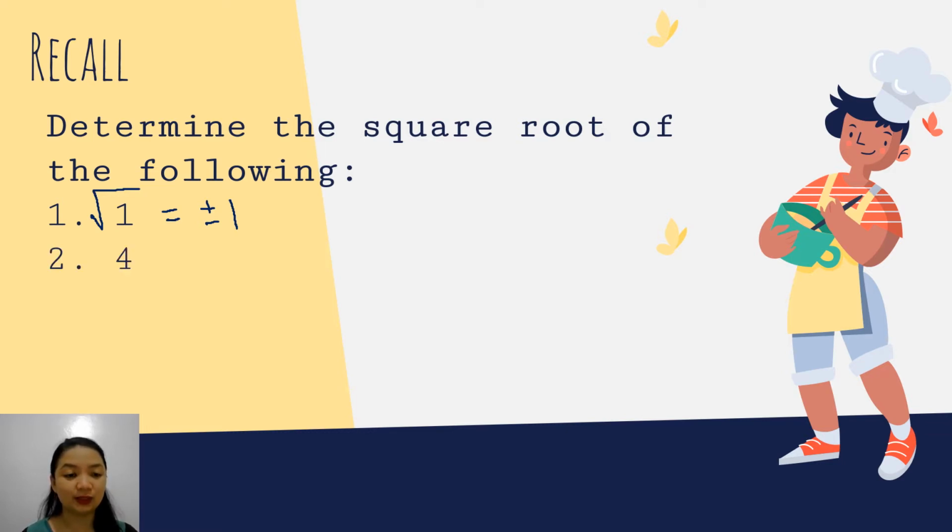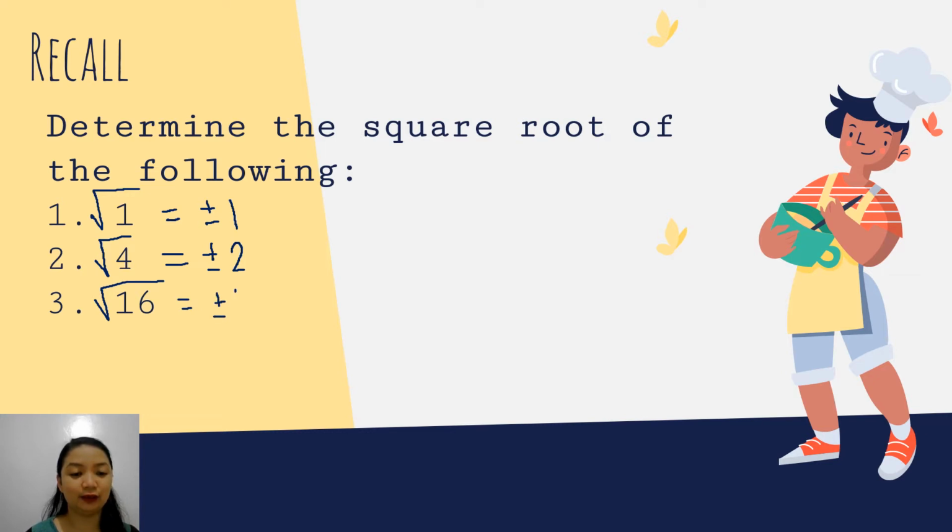How about the next one? So we have 4. The square root of 4 is equal to, yes, that is positive, negative, 2. How about the third one? What is the square root of 16? Correct. That is positive, negative, 4.